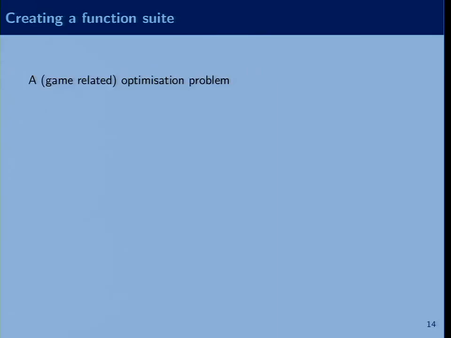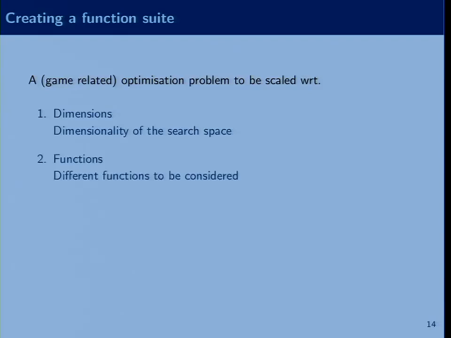Well, to summarize that a bit, what you actually need to create a function suite. You first, of course, need an optimization problem, which, in the context of this conference on GBA, should be somehow game related. And then you need to scale this problem with respect to the dimension of the search space. As talked about a bit for now, the different functions to be considered.